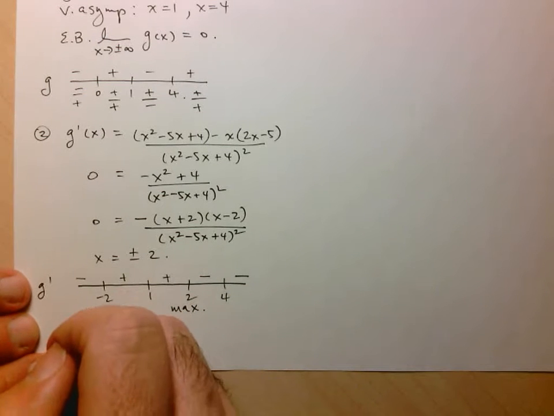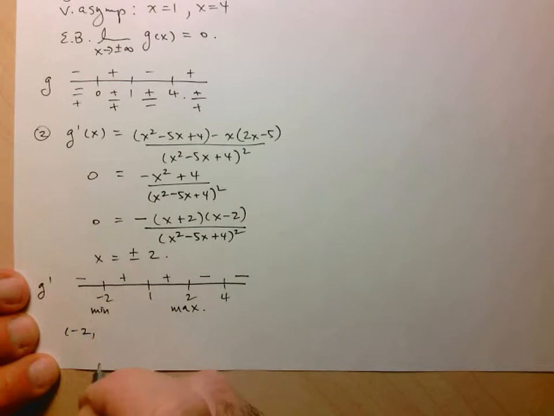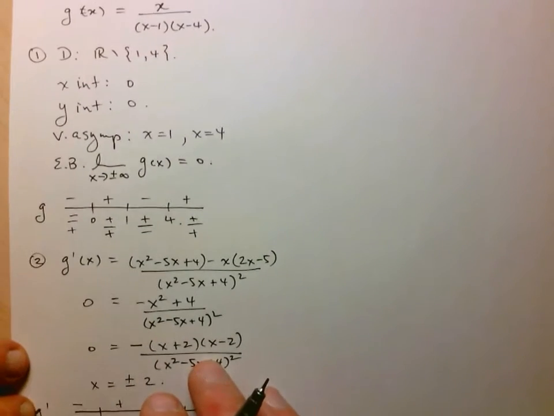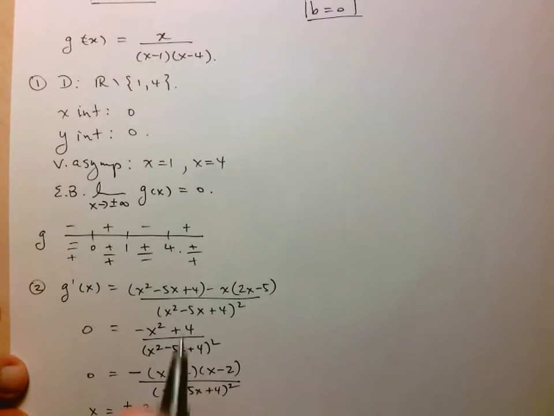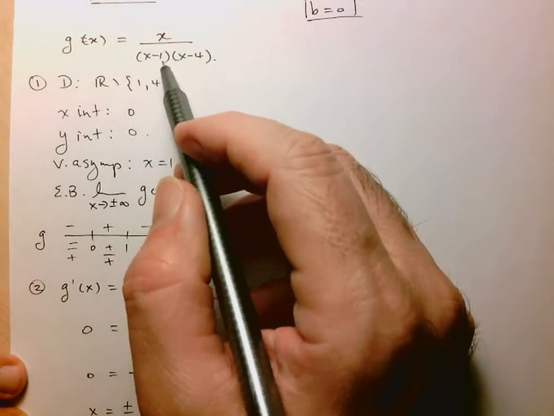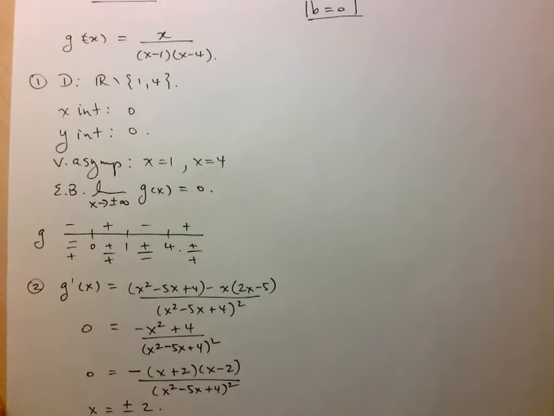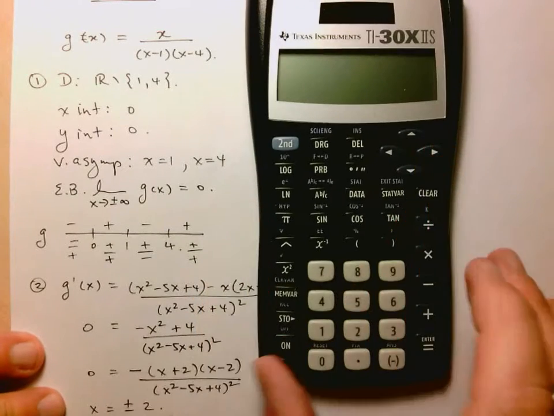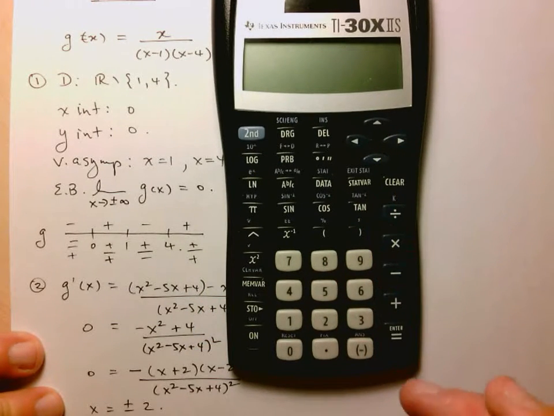So when x is equal to -2, let's stick this into the original equation. Let's actually calculate it here instead of doing everything in our head.